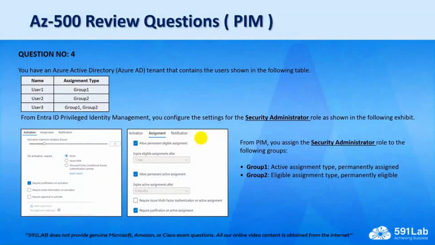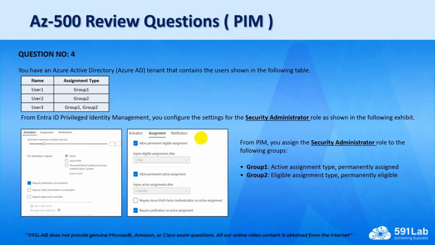Fine. Next section says, from Entra ID Privileged Identity Management, you configure the settings for the security administrator role as shown in the following exhibit. Okay, so we have enabled PIM for security administrator.